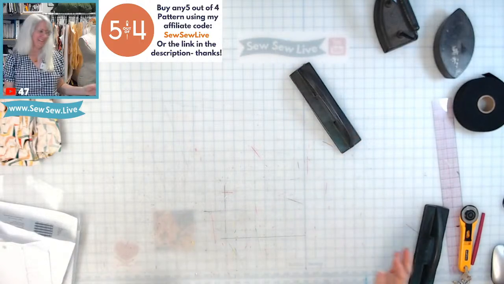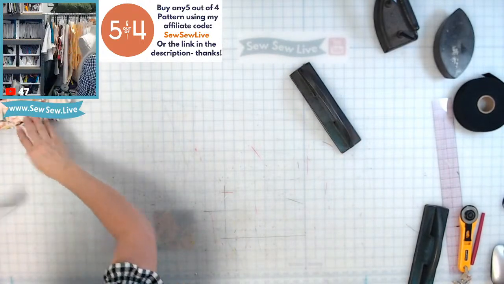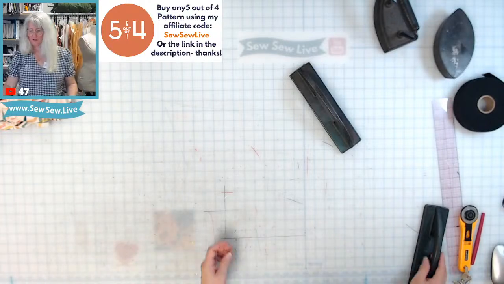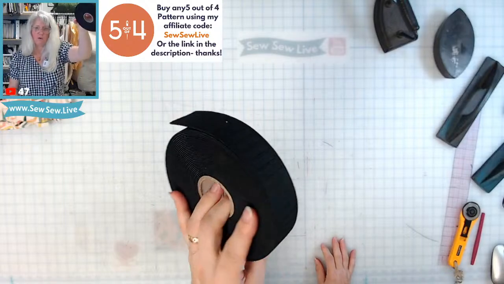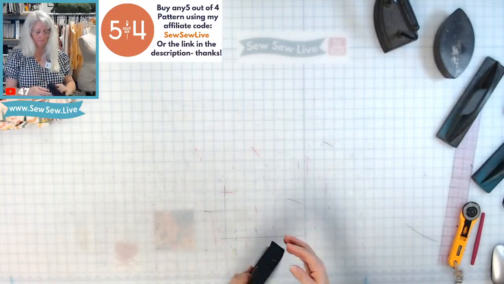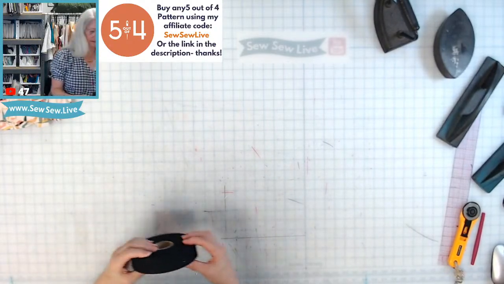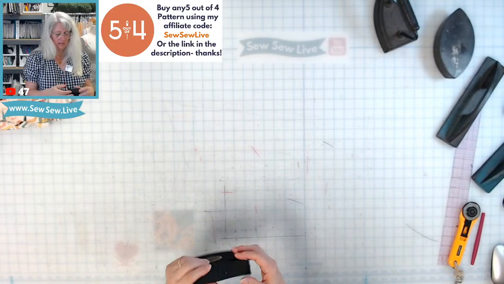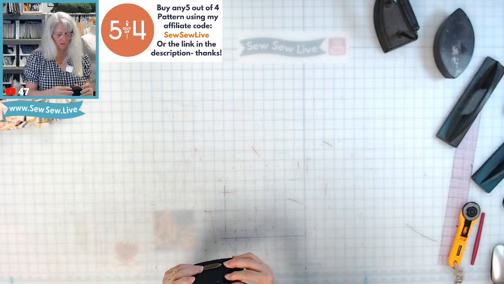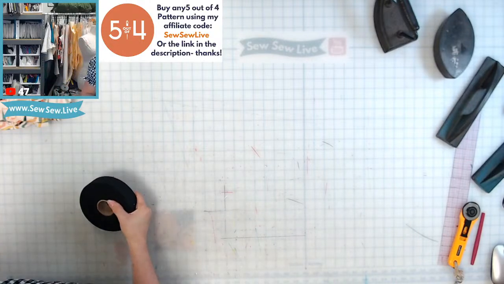Yay, no treasures, right? No Tetris today. All right, so here's my elastic. It's 1¼ inches wide. Not braided for once, but it's also not knit. It's not the non-roll. Can't remember what this one is.